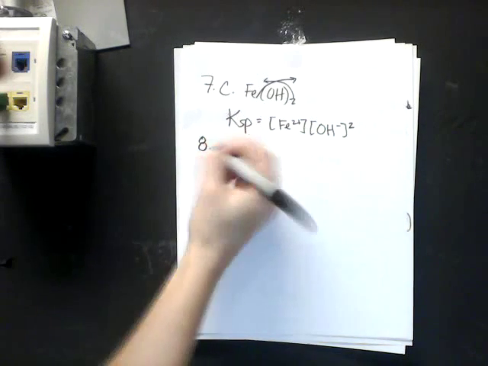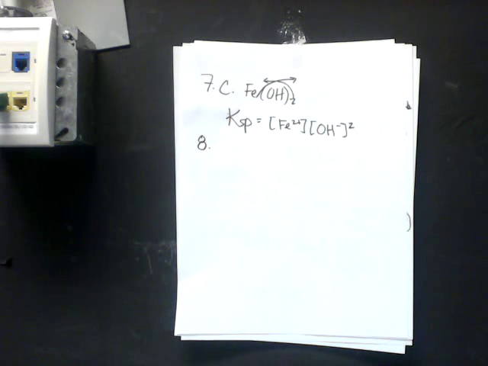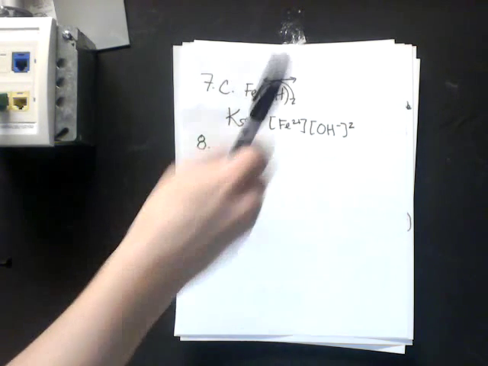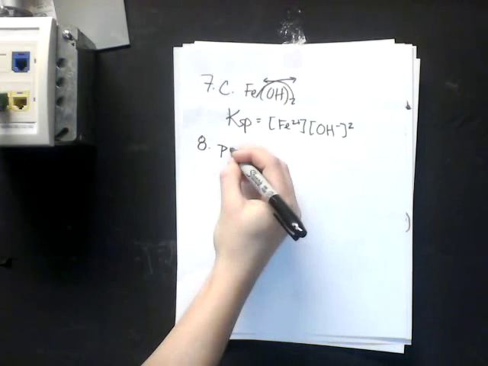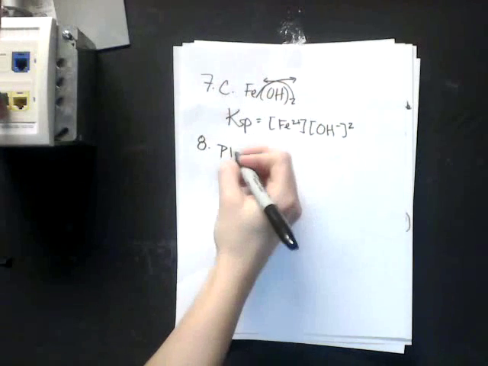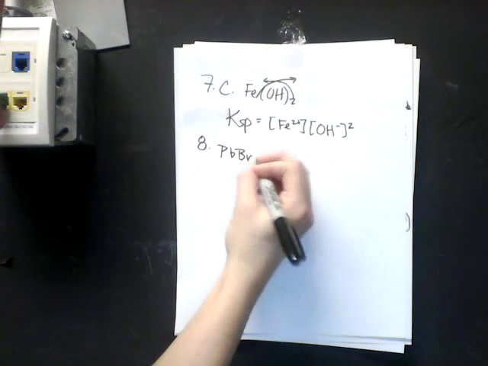Okay, number 8. If the molar solubility of lead bromide at 25 degrees Celsius is this, what is the Ksp at this temperature? So the first thing you want to do is very similar to this. This is our PbBr2.